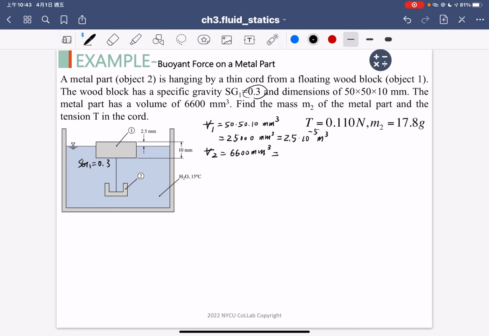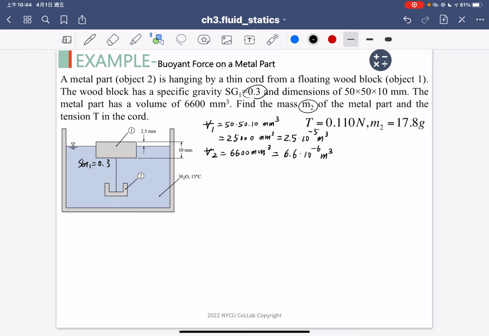So we convert to cubic meters, which is equal to 6 times 10 to the minus 7 cubic meters. Okay, so please find the mass M2 of the metal part, and the tension T in the cord.